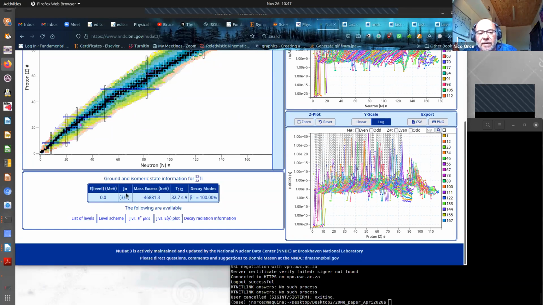It's a tentative 3/2 minus because it's quite exotic. Let's go to argon-41. Argon-41 is a 7/2 minus. So basically, let's not go too far from stability. See, argon-37 is a 3/2 plus.